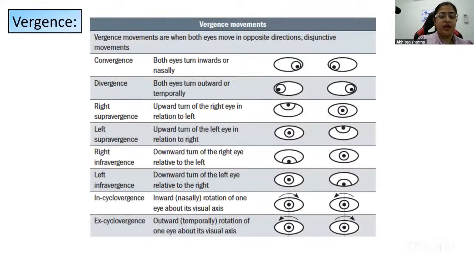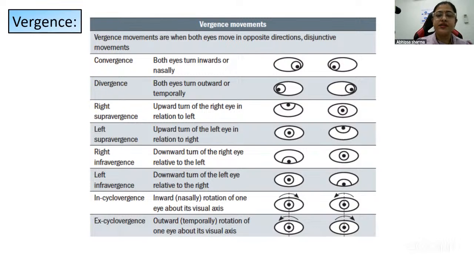So there are vergence movements. What are vergence movements? These are movements when both the eyes move in the opposite direction. So these movements are basically there to focus on objects at different distances and they enable depth perception. The most important ones are convergence and divergence.